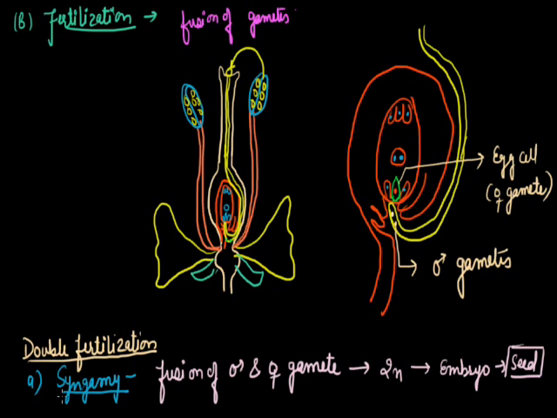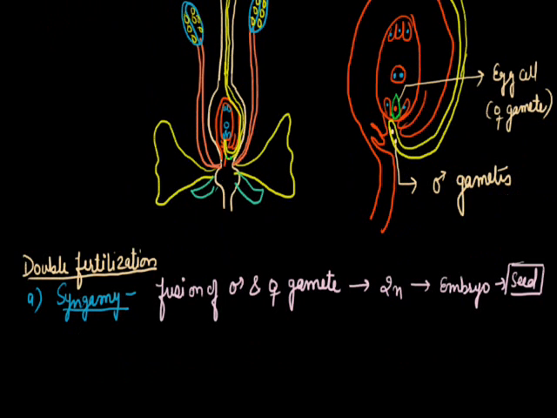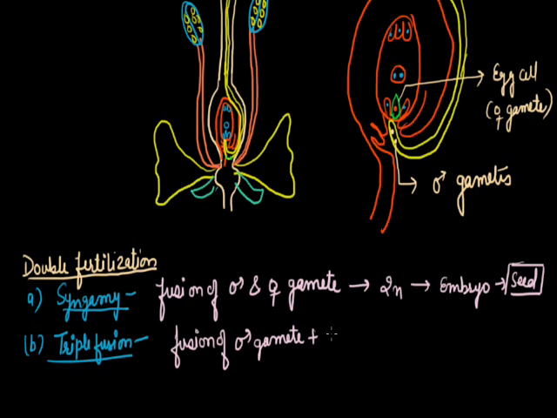While in the second step, in the first step I told you, this egg cell gets fused with this male gamete, while the second male gamete fuses with the central cell. This phenomenon is called triple fusion. It's the fusion of a male gamete with the central cell.